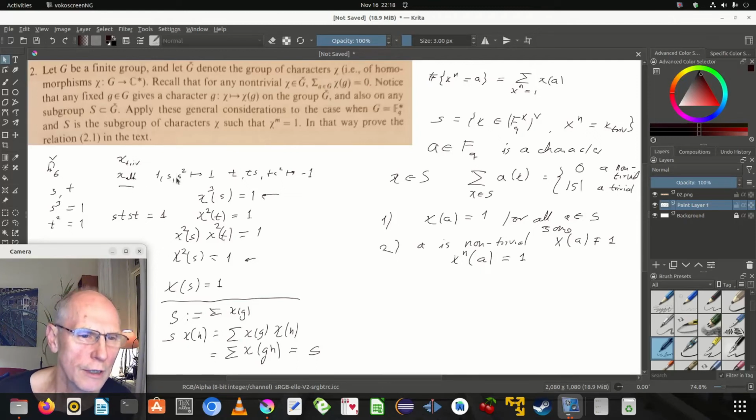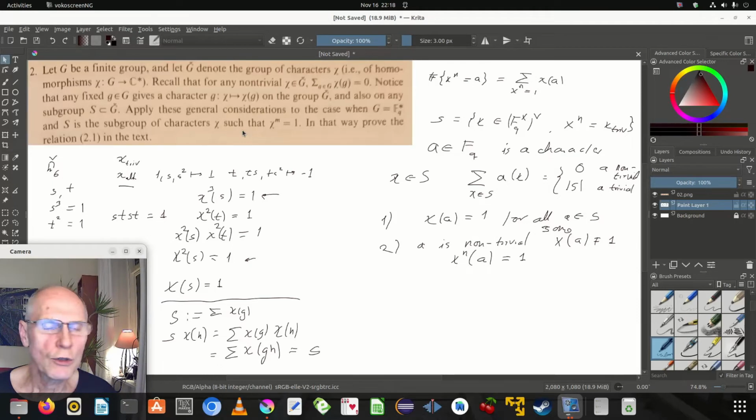And since there are only two characters, the trivial one and the sign of the permutation, the sum can't give more than 2, so the formula doesn't hold for the dihedral group. So we have to use the structure of the finite field here.